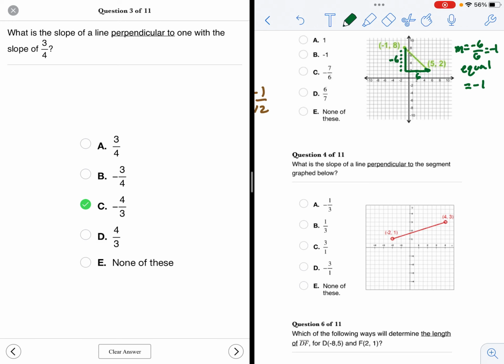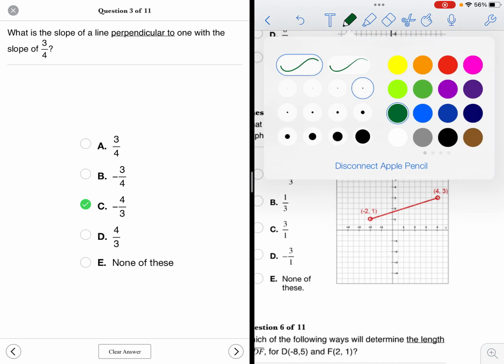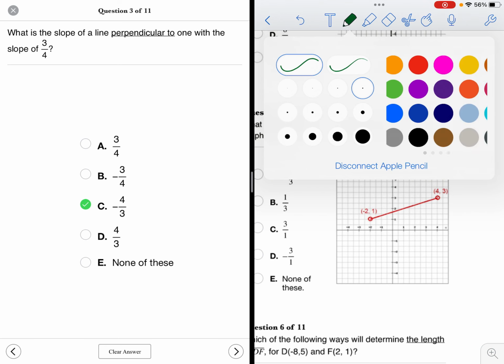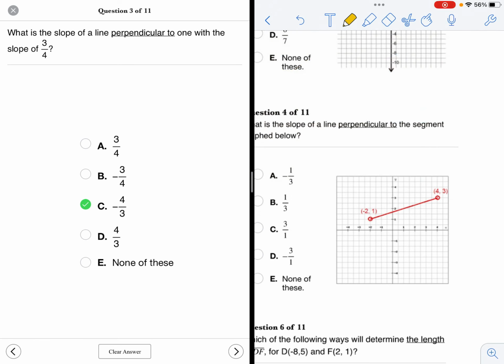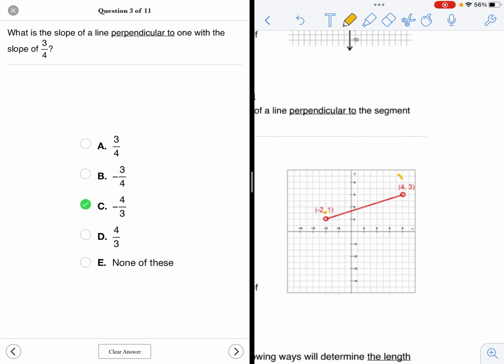What is the slope of the line perpendicular to the segment graphed below? So for the sake of it, let's use the formula. We're kind of cruising through. x1, y1, x2, y2. We're going to have the slope equals this formula right here.